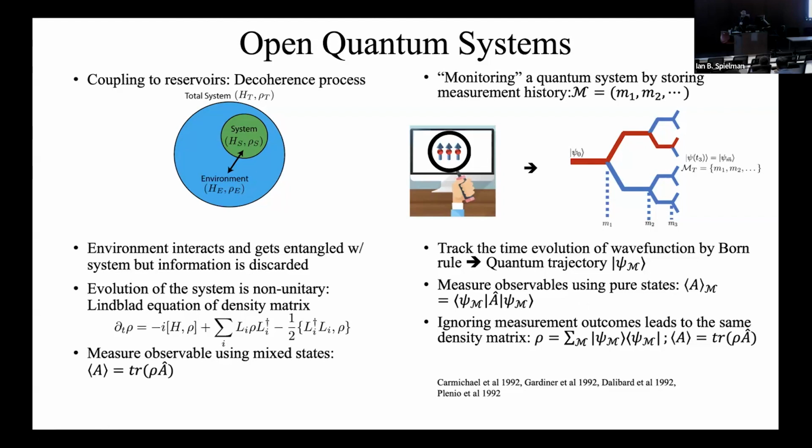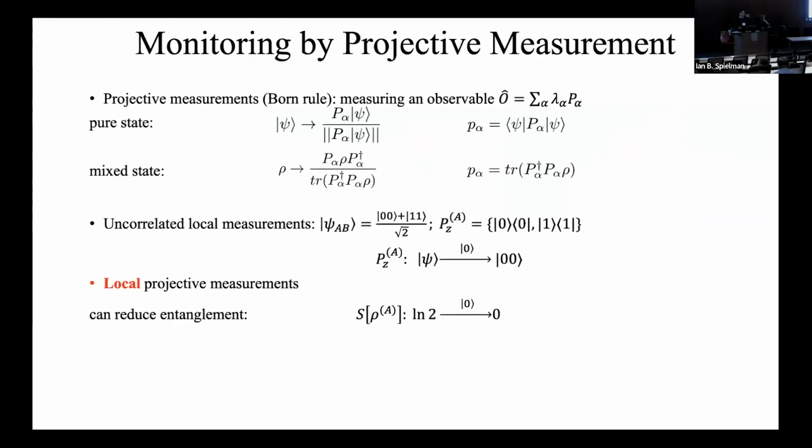If we end up ignoring the measurement outcomes and just obtain the corresponding density matrix, it would be similar to the density matrix obtained in the other way, and we end up getting the same results. This quantum trajectory method was historically introduced as a computational way of studying open quantum systems, but now in reality, we can do this kind of tracking of the trajectory of the system.